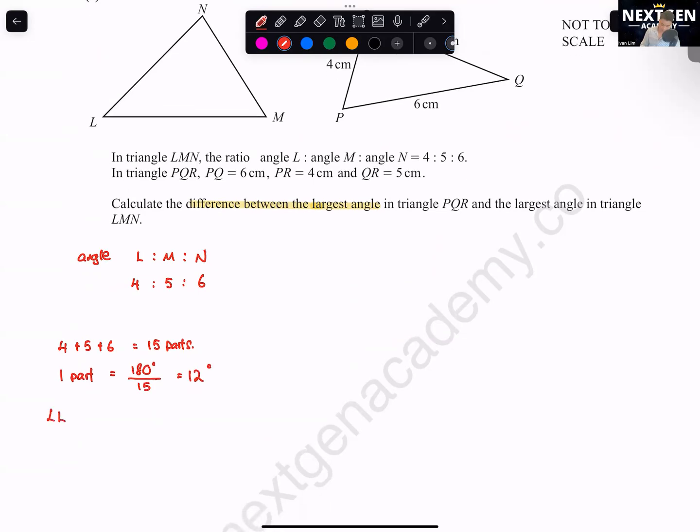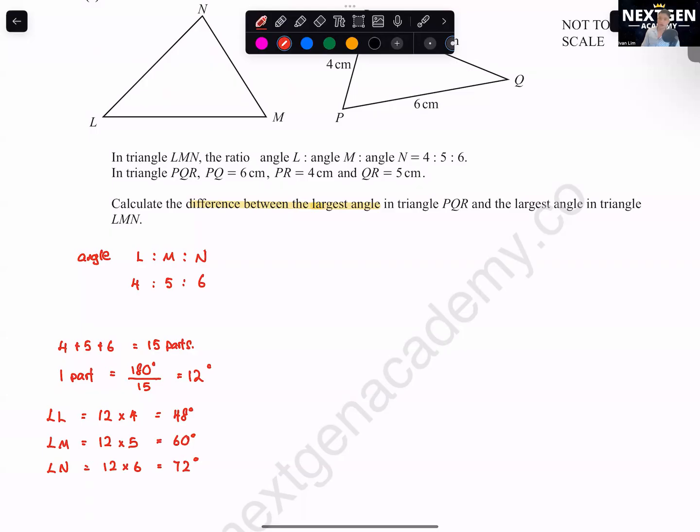Okay, angle L, angle M, and angle N. So L is 4 parts, so we'll take 12 times 4. M is 5 parts, 12 times 5. And here, 12 times 6. Go and calculate this. You'll get 48 degrees, 60 degrees, 72 degrees.